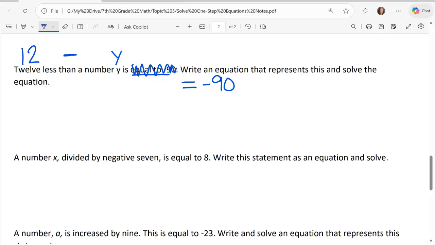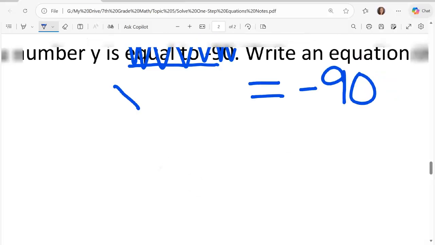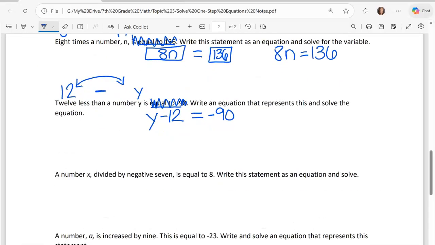So 12 less than y means we want to take away 12 from y. So when you see less than, it actually means we have to swap the order. We want to start with y, and if we want 12 less, we have to take away 12 from y. So we actually have to write it like this, y. Oh, I'm so sorry, my screen is so fidgety today. y minus 12. So that's our equation that we would then solve.